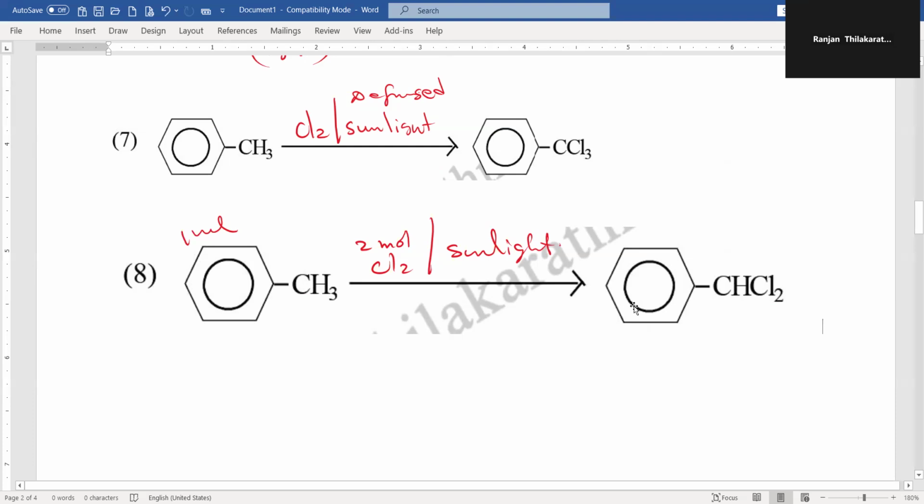This product may be a minor product, maybe only 20 percent. But still you can do it, and if you have some amount, then you can separate it by using the fractional distillation method and finally get this.